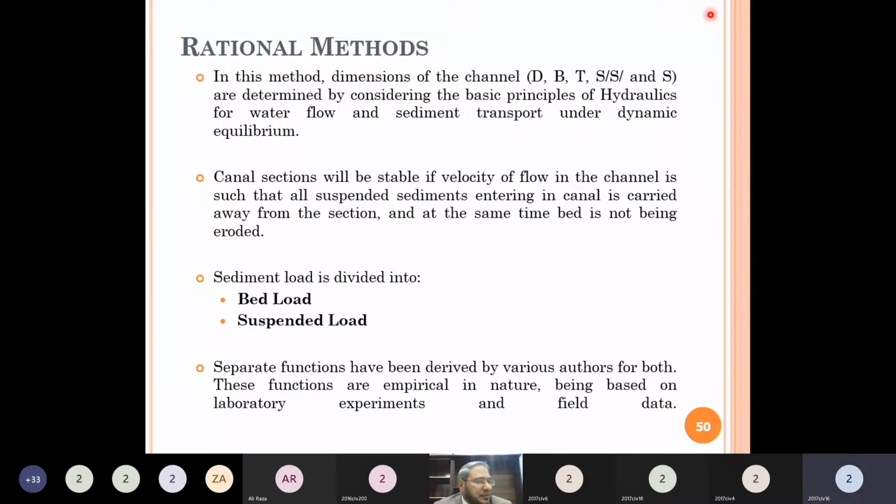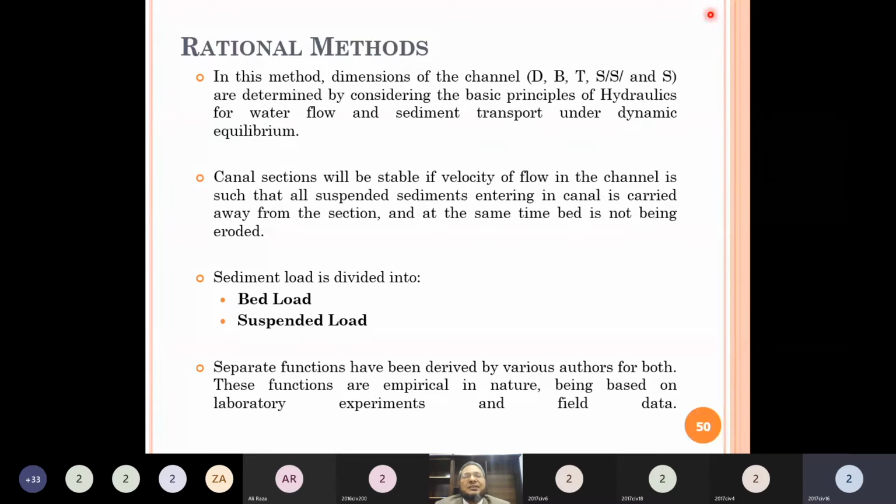All right? Is it clear? Now, as far as the design of irrigation channels is concerned, there are two broad types: number one, lined channels, and number two, unlined channels or alluvial channels or earthen channels.